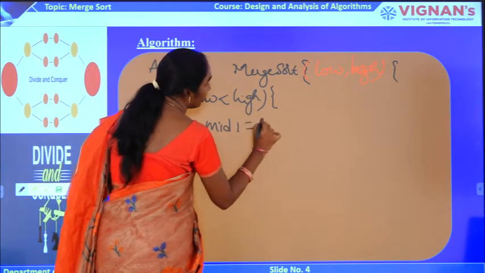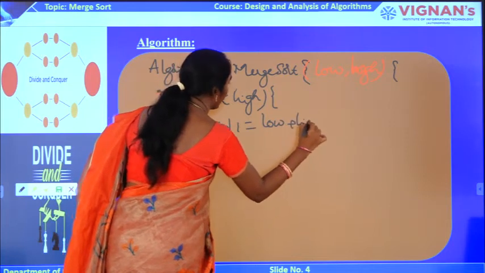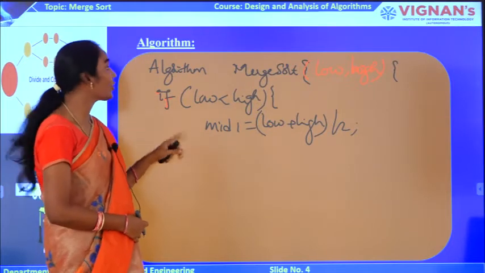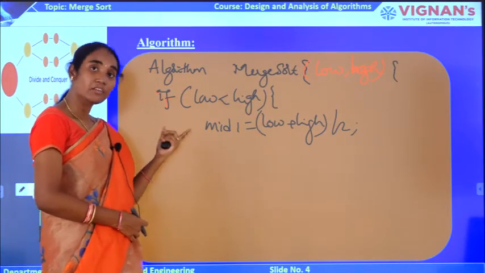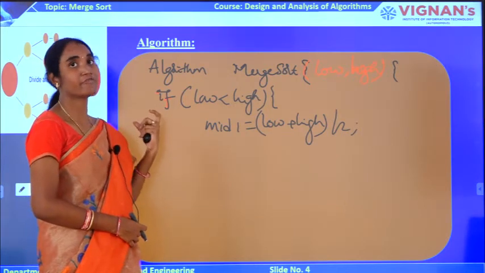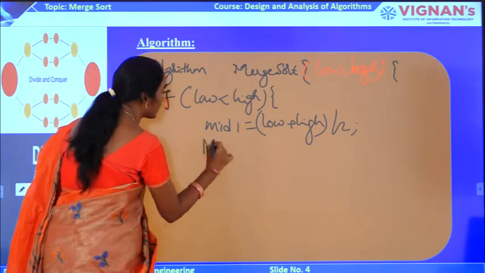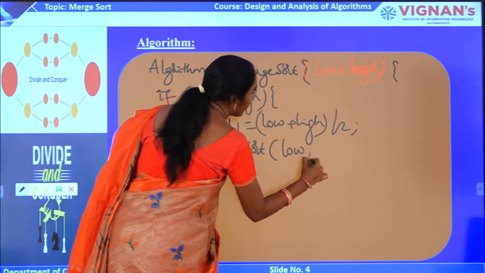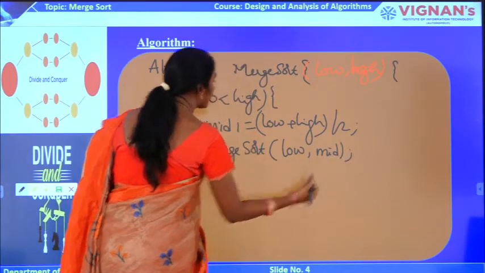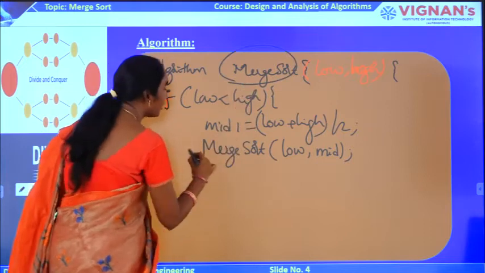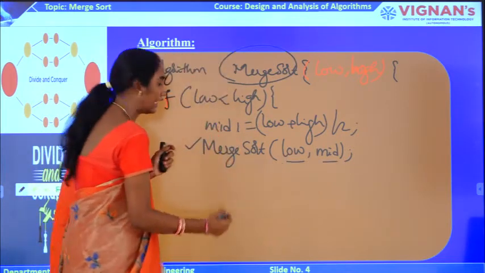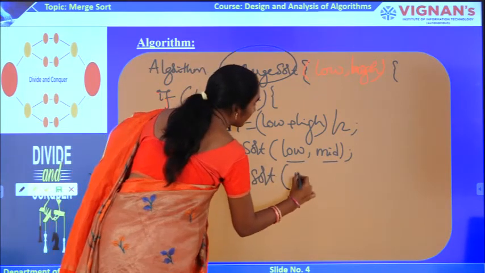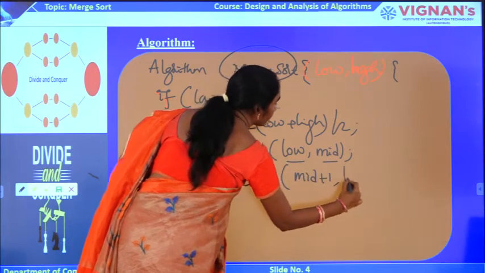The mid value is low plus high by 2. After calculating the mid value, I call the merge sort procedure on the first half of the list, that is, the first sublist: merge sort of low comma mid. I am applying this procedure recursively from low to mid, and after that I will apply the merge sort procedure from mid plus 1 to high.